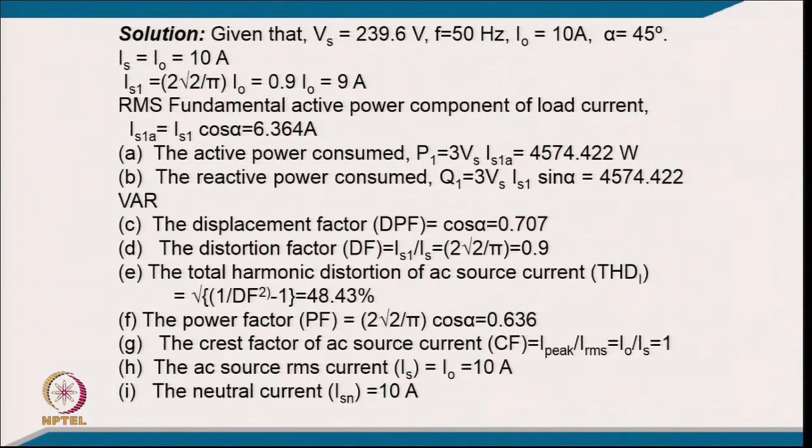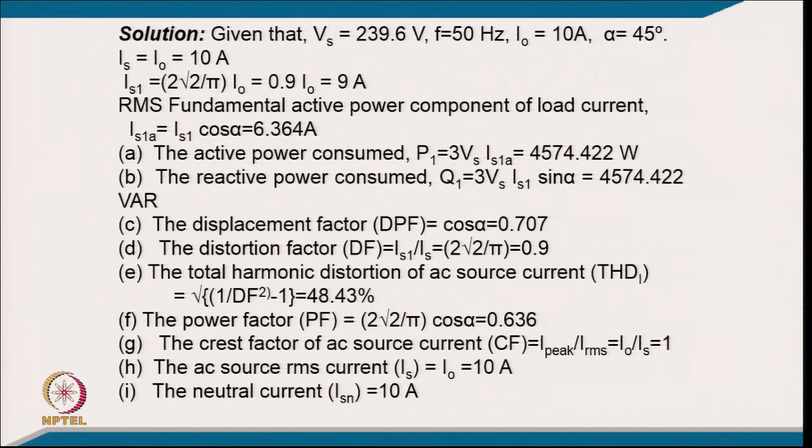So, coming to the solution part, the supply voltage is 239.6 per phase, 50 Hz, and output current 10 ampere and alpha equal to 45 degree, and the RMS current of this will be again 10 ampere because it is a square wave. Fundamental will be 2 root 2 upon pi into I0, that is 9 ampere, and the active power component will be IS1 cos alpha, that is 6.364, and the active power consumed will be 3 Vs IS1 cos alpha.